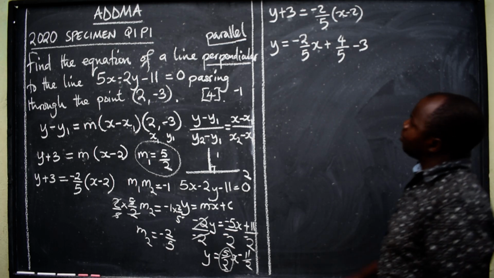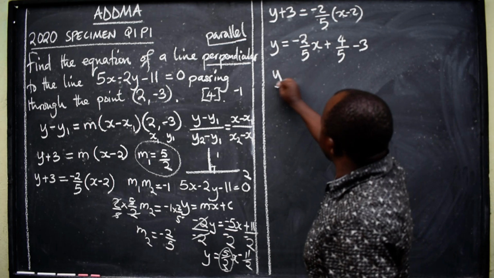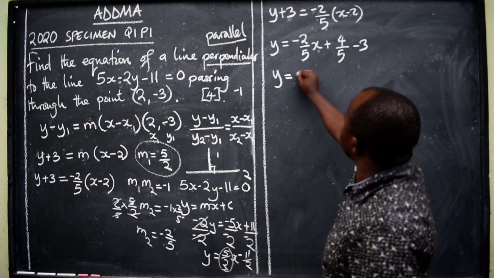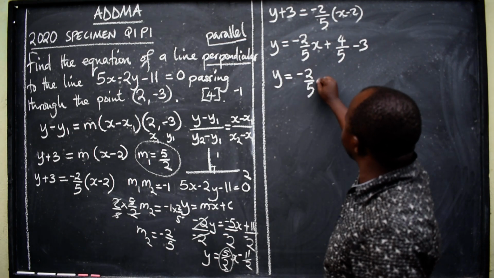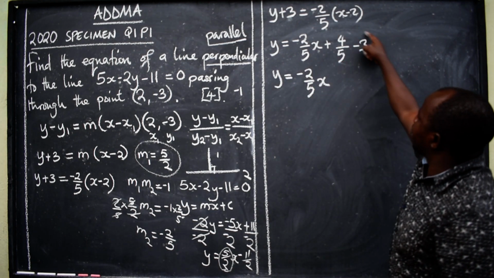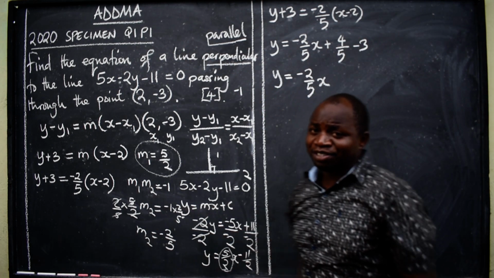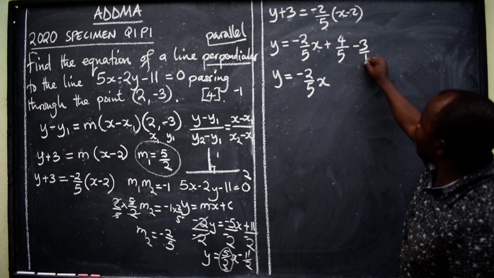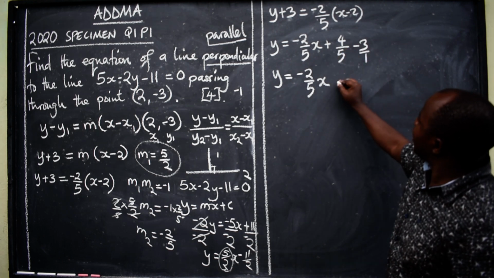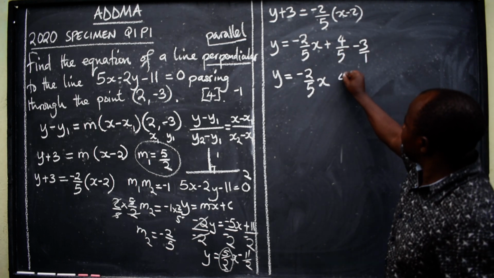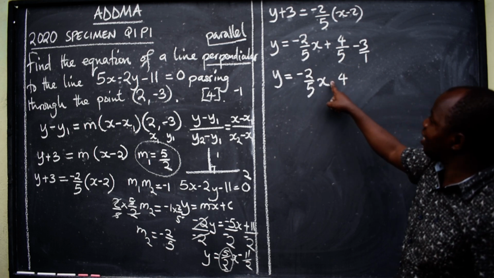Next, y will be equal to negative 2 over 5x, and these two I can find the answer to on this side. Now remember, this is Addma, so we write 3 over 1 times 4 is 4, and we'll put the sign here, don't worry.